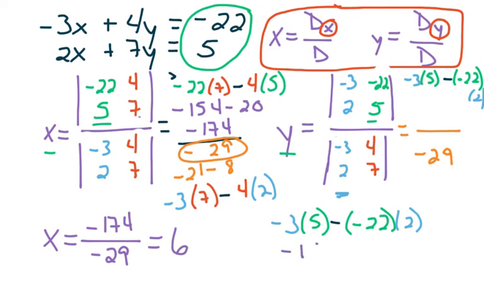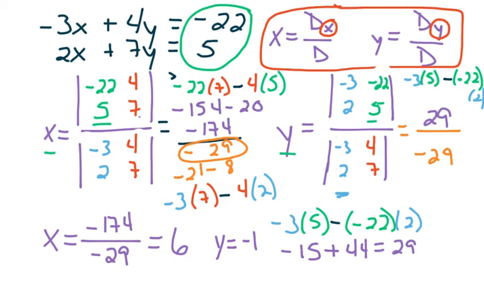So we have negative 15. A negative and a negative will make that a positive 44. 44 minus 15 is 29. So my y is 29 over negative 29, or we would just call that y equals negative 1.